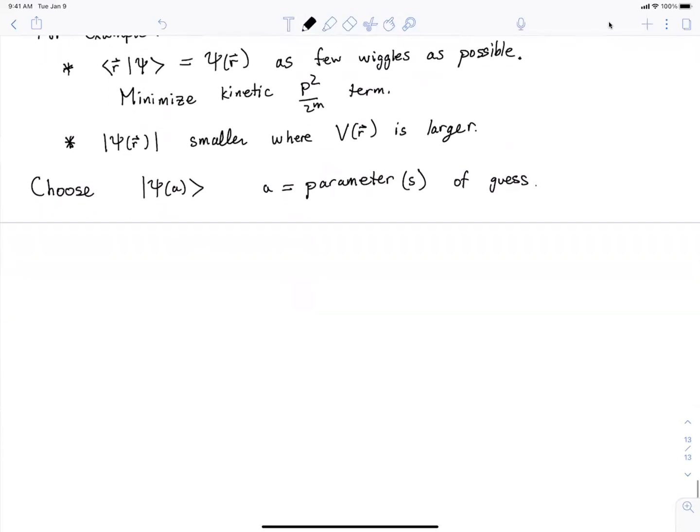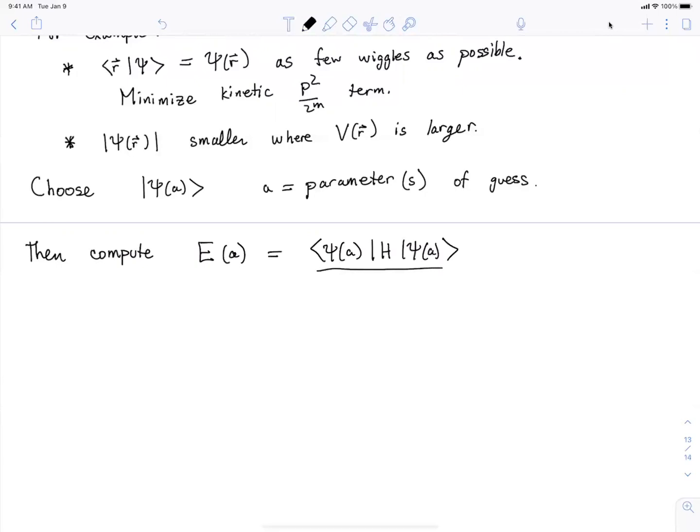Okay, and so then the idea is to apply the variational principle. What you do is you compute the E of A for your guess, which is defined to be this. It's defined to be the thing that we're claiming is bounded.